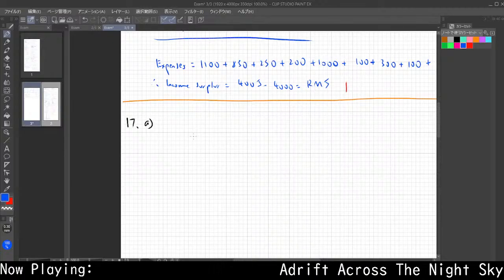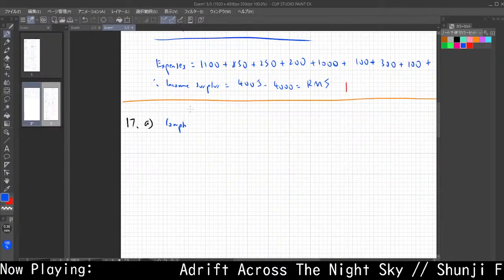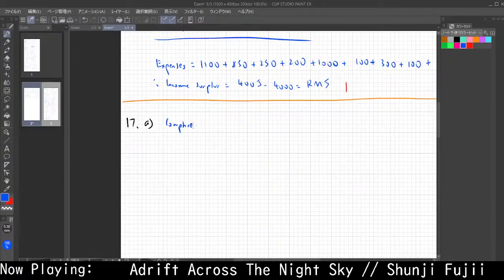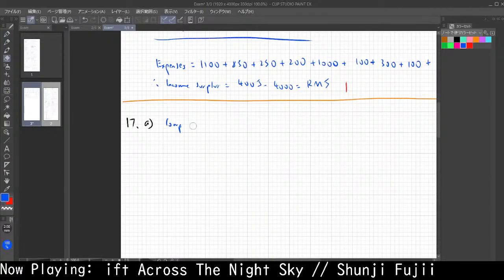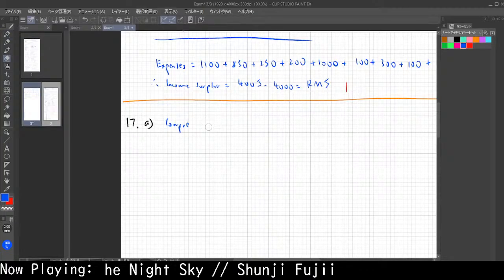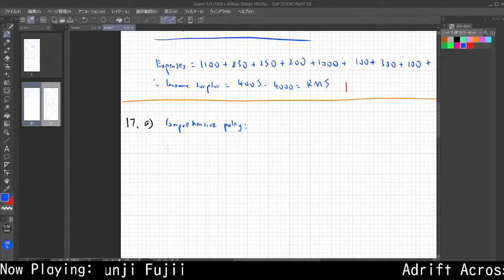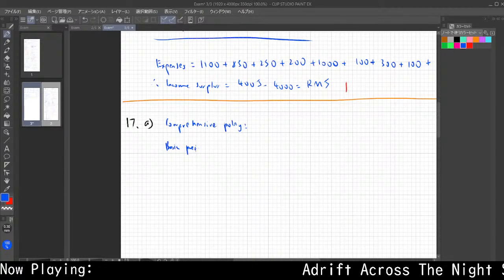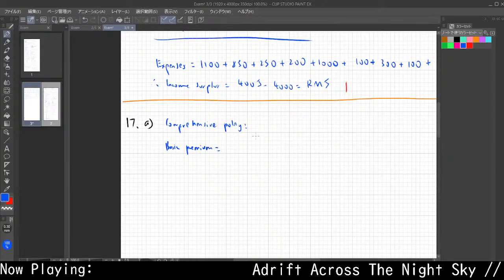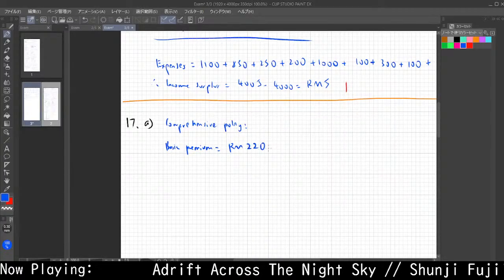For your comprehensive policy, your basic premium in this case would be the number given in the table, which should be 220.